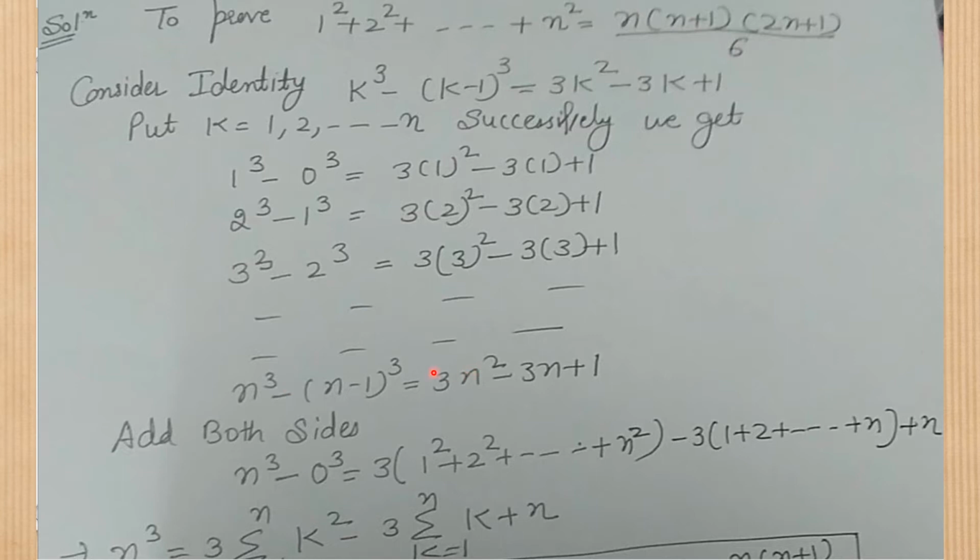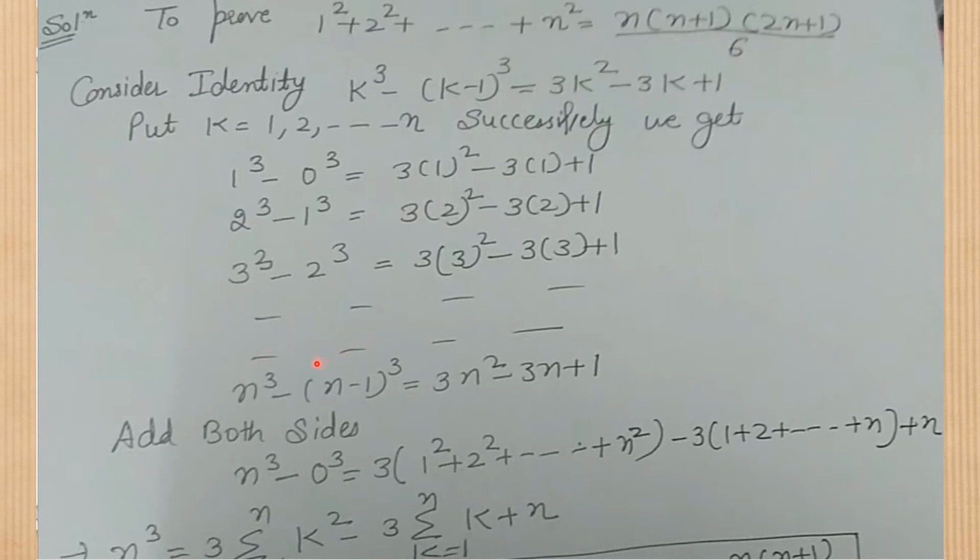See how we are going to add. Now focus here. When I add all these terms, this 1 cube will be cancelled with this minus 1 cube. This 2 cube will be cancelled with this minus 2 cube. Similarly, 3 cube will be cancelled with the next one. It will keep on moving like this.